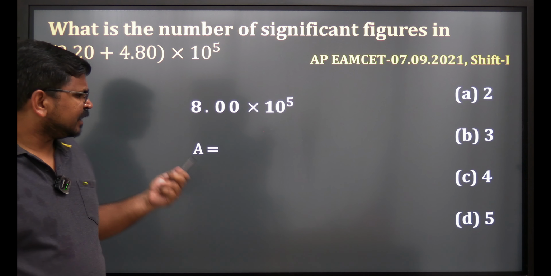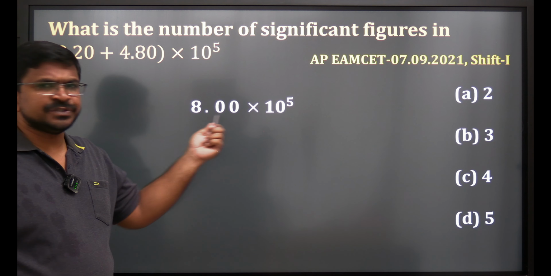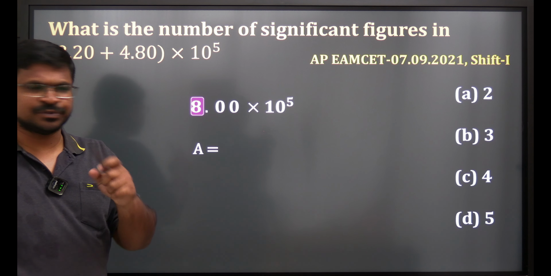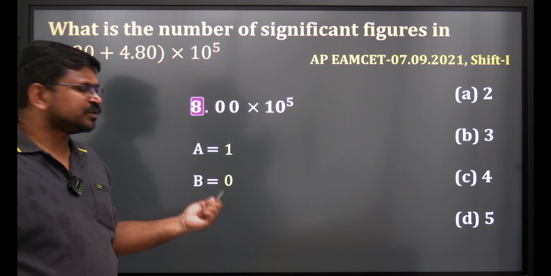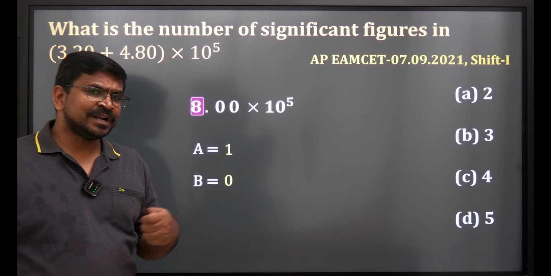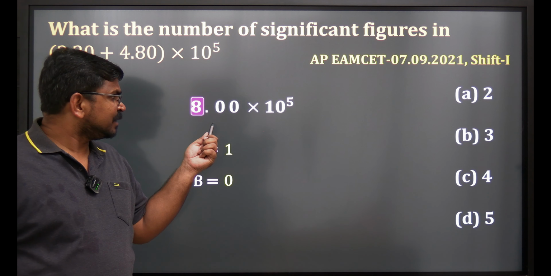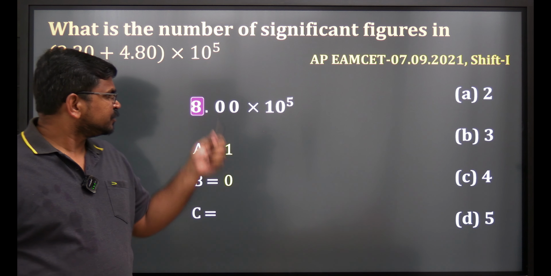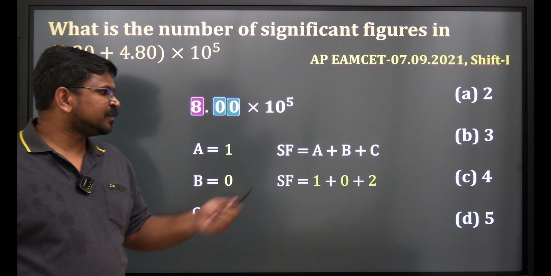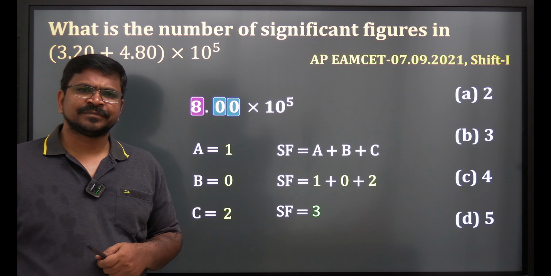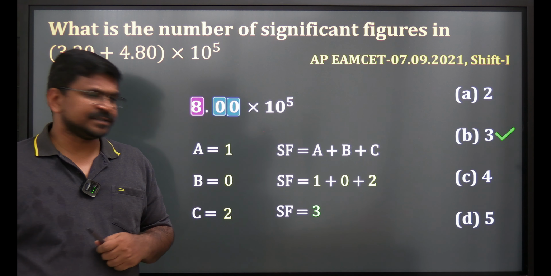Our regular method: A equals the number of non-zeros, 8 only, so A value is 1. B, zeros between non-zeros, none, so 0. Finally C, in case of a decimal number, all rightmost zeros: 0, 0, so C value is 2. Total 1 plus 0 plus 2 is 3. Very simple, and 3 is our answer.